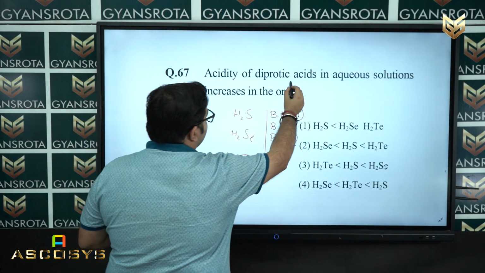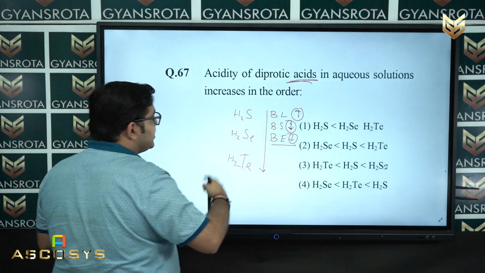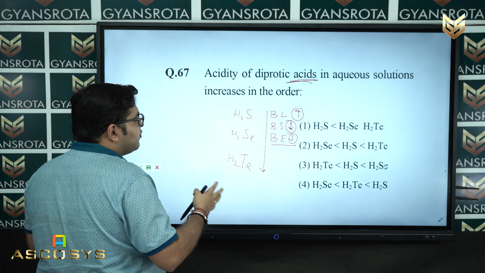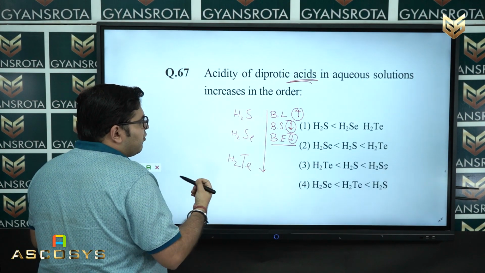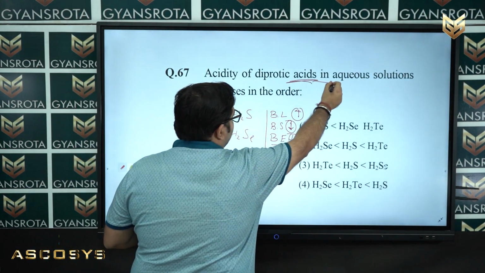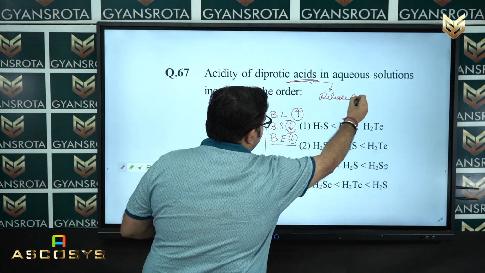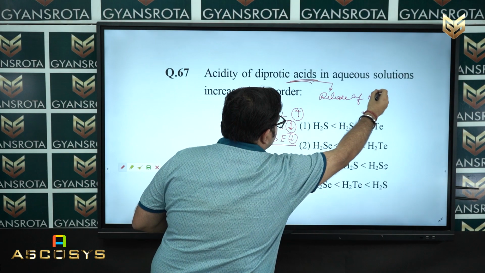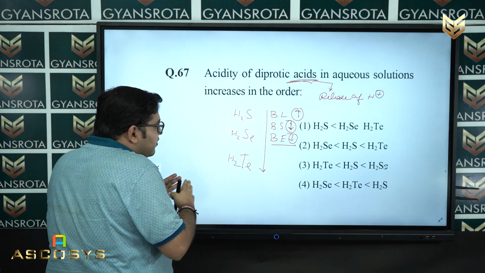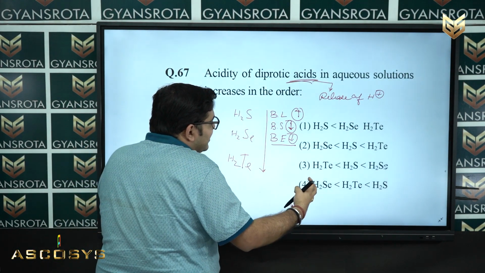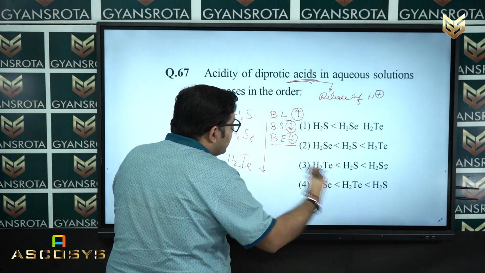Now, they are asking about acidity order, which one is more acidic and which one is the least acidic. Acidity is compared by the release of H plus. Now, the compound that releases H plus more easily is more acidic.